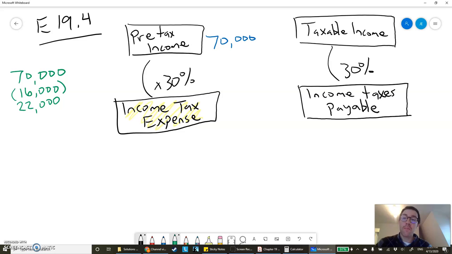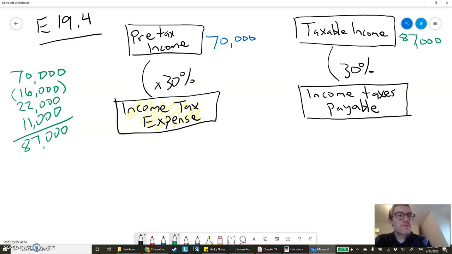Okay, so permanent difference, meaning the IRS taxable income is permanently higher than the U.S. GAAP income by $11,000. Meaning taxable income is $87,000. Okay. All right. So that is the situation there.